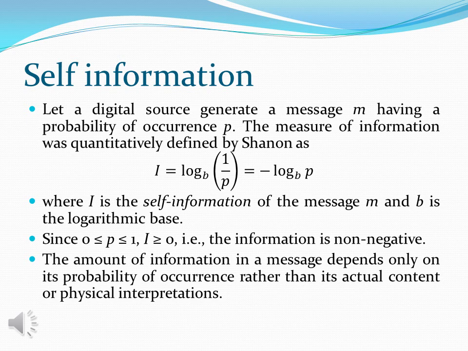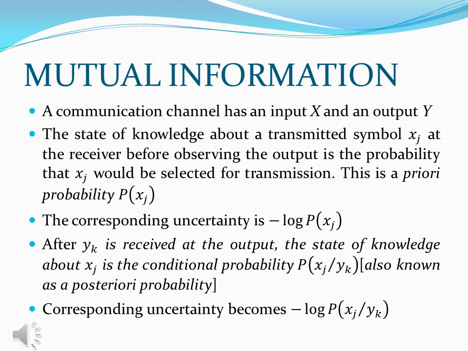So, P, since we know it lies between 0 and 1, so I should always be greater than 0. That is, information is non-negative. The amount of information in a message depends only on its probability of occurrence rather than its actual content or physical interpretations.